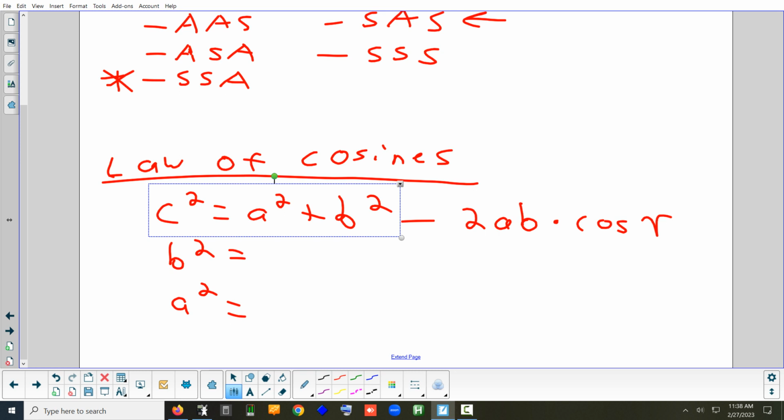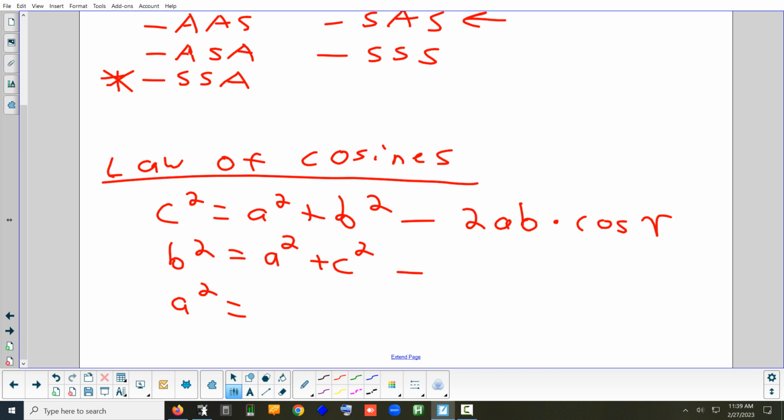What would be the two letters we add together here? A squared plus C squared, minus 2 times the product of the letters you just put there.